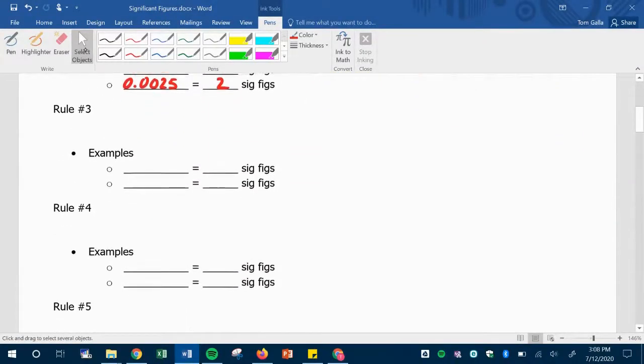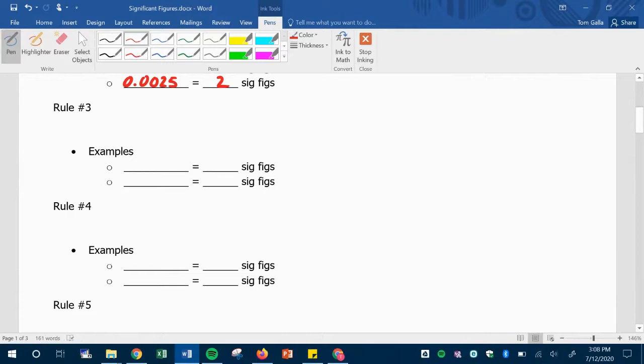Now let's get into our next 2. And so rule number 3 says captive zeros, and you guys will notice a trend here. It's all about zeros. Captive zeros, meaning zeros that are trapped between 2 numbers. So captive zeros between non-zero numbers count.